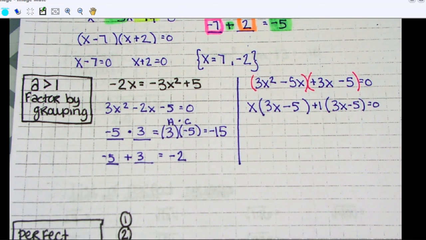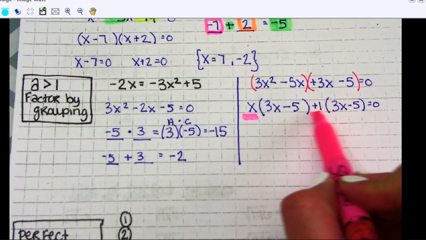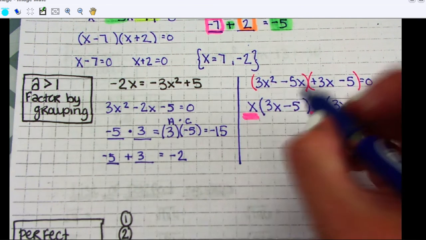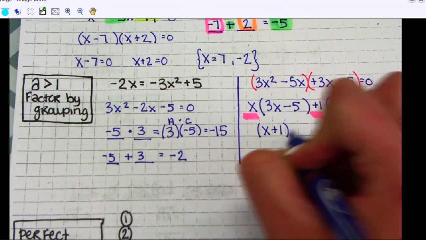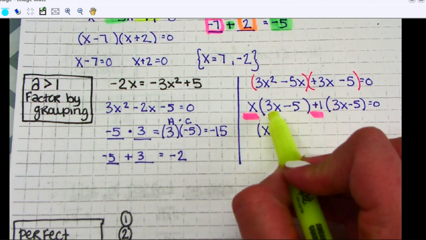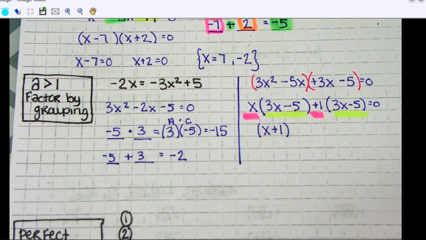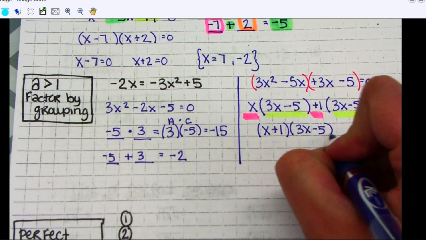How do we regroup those together? X plus 1. So this goes in one parenthesis. It doesn't matter which one you write first. Usually you pull out the GCF and you put that one first, but honestly, it does not make a difference. How many times do we write the second parentheses? Just once. These are identical, so they just get written one time. 3x minus 5.